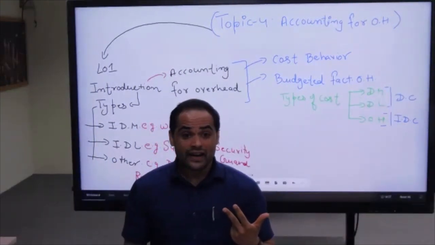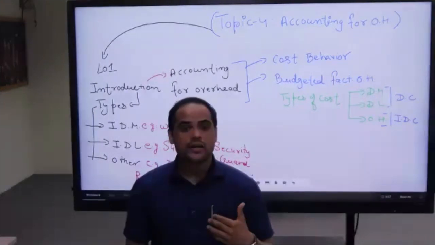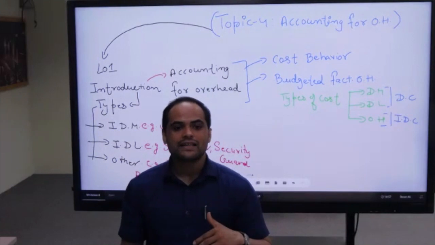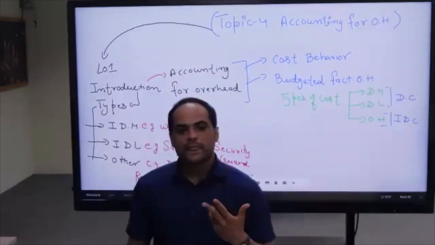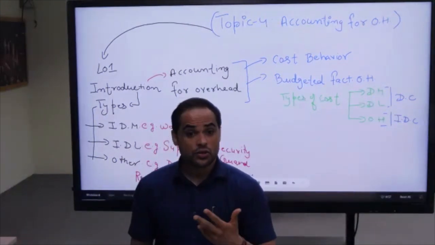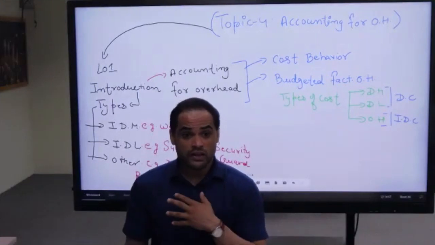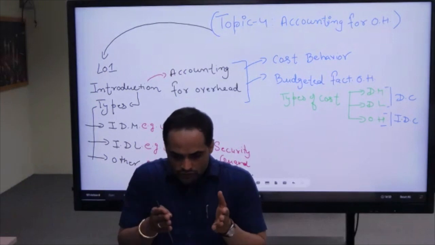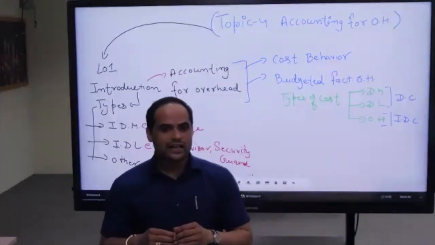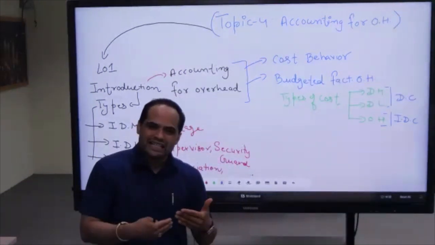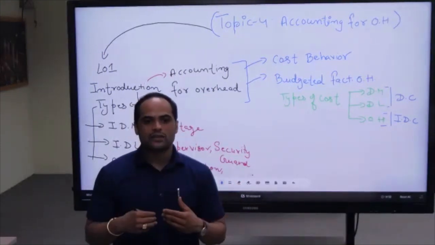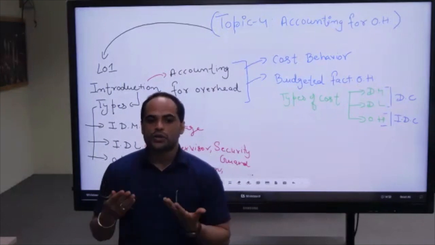But overheads cannot be easily identified. The reason behind this is the nature of indirect cost. The nature could be wastage, supervision, or depreciation. Because of the nature of these kinds of cost, we cannot easily identify how much the overhead cost is going to be for the future. All right.